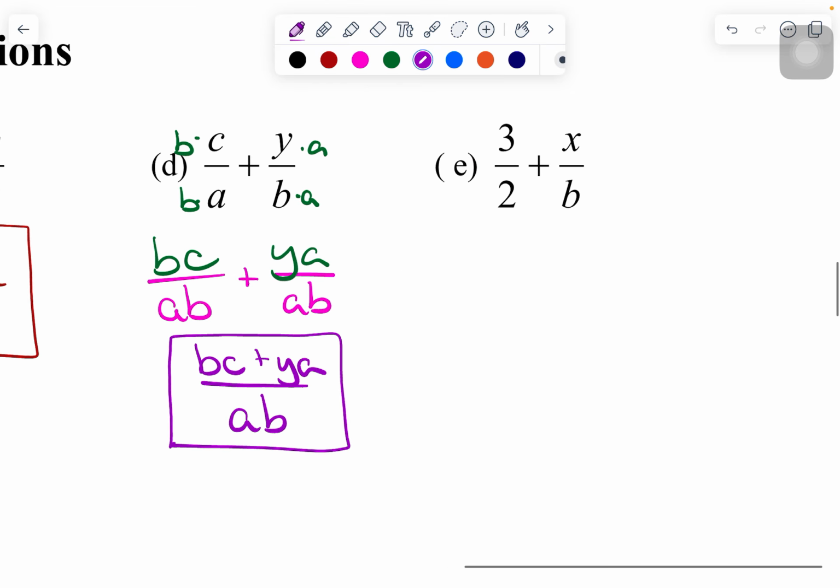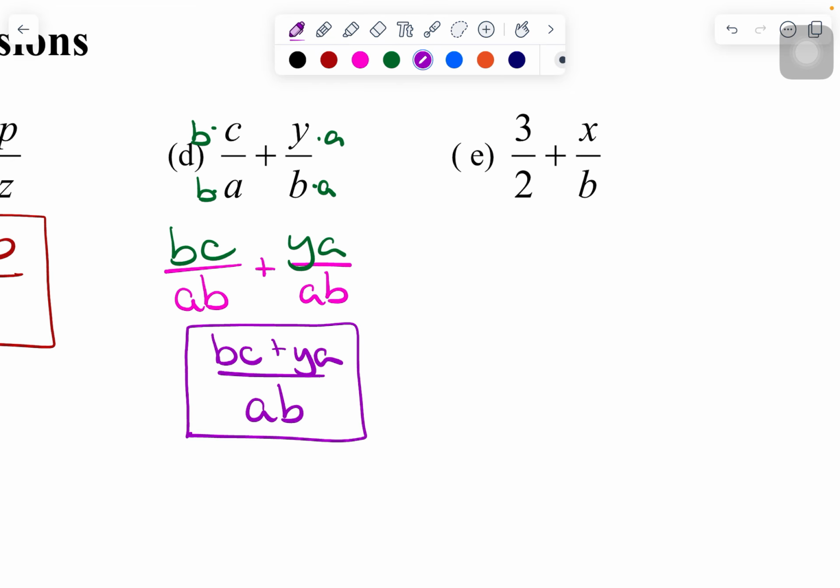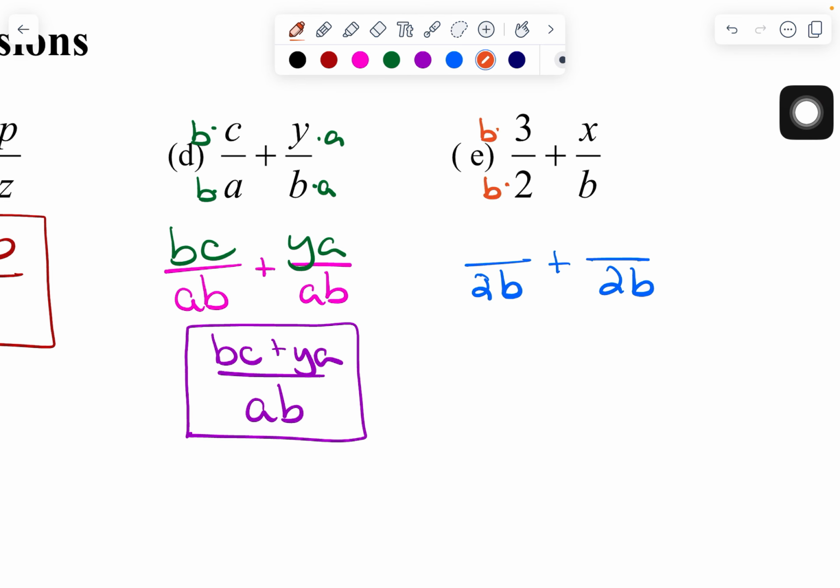All right. And then part E is kind of a mix and match. We have one fraction that's numeric, one fraction that has variables in it, but you're going to do the same process. So step 1 is to get that common denominator. I have a denominator of 2, I have a denominator of B, so I'm going to use the common denominator of 2B. The first fraction had the 2, I now have 2B, so that means I had to multiply times B. Now, I know I said order doesn't matter, and it really doesn't, but traditionally, we tend to put the numbers first.